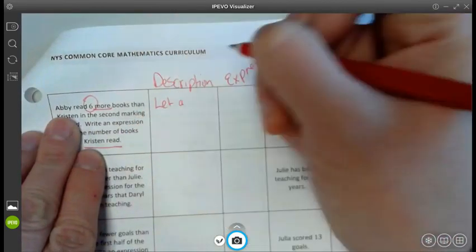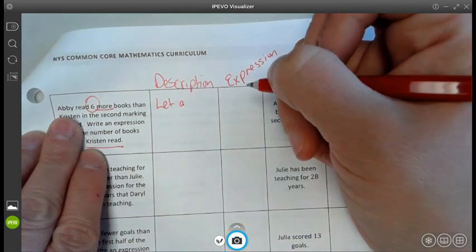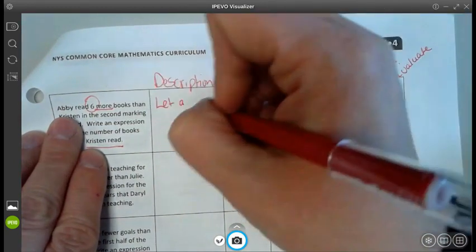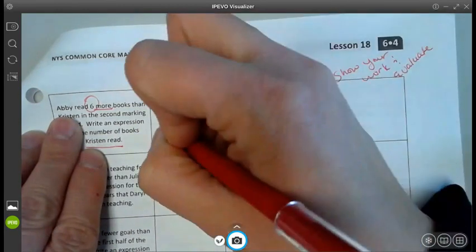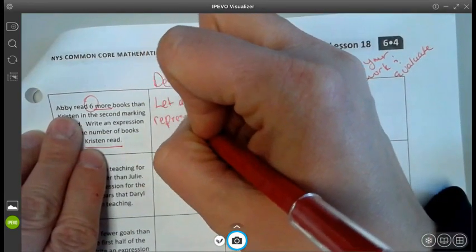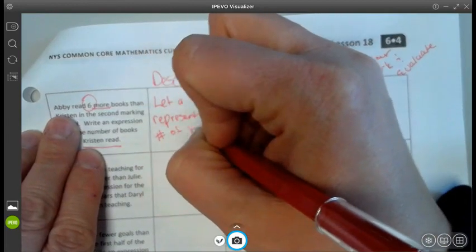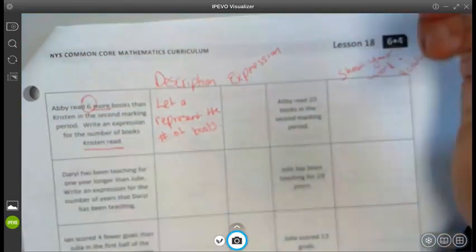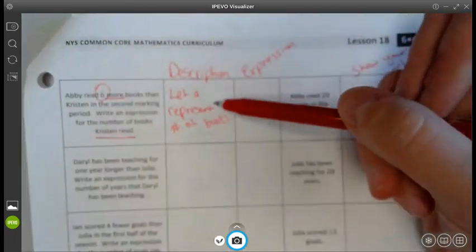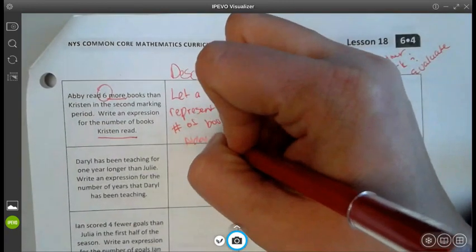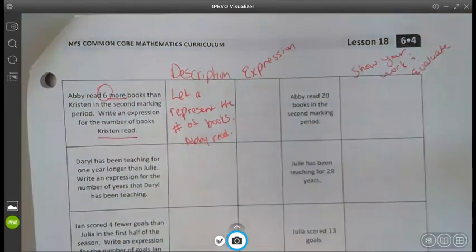So let A represent the number of books Abby read in the second marking period. I am going to run out of space here, so I'm just going to keep it like that.